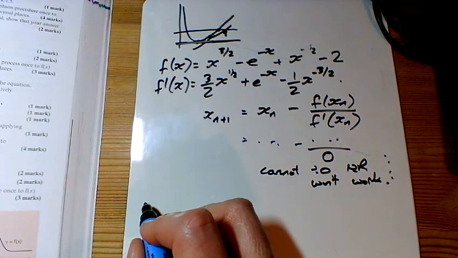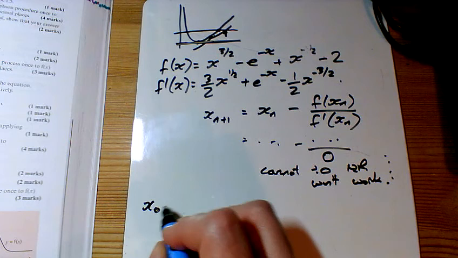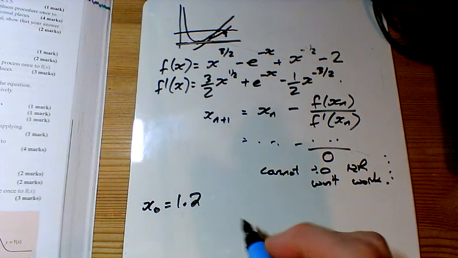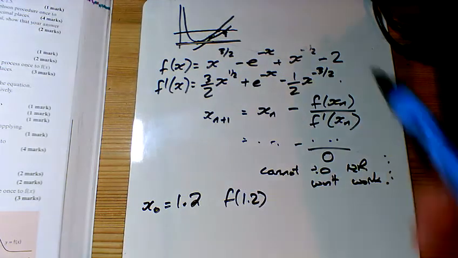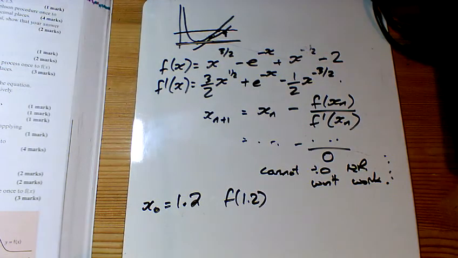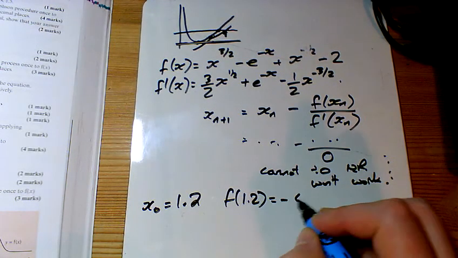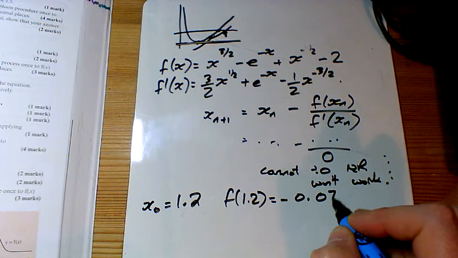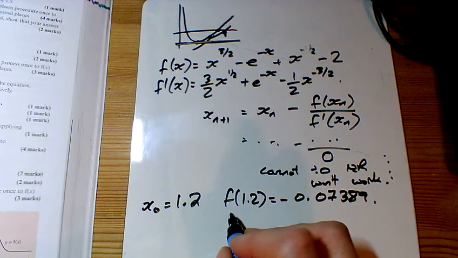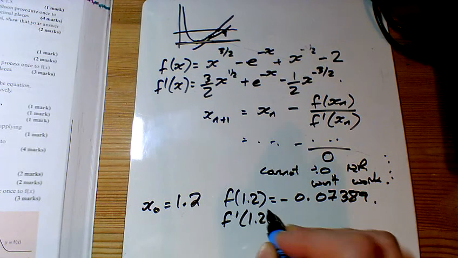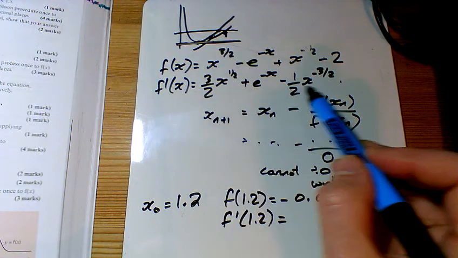But what have we got to do? We've got to start with x0 equals 1.2. So let's find out what f of 1.2 is. Stick 1.2 into all of that. I'm getting minus 0.07389. Sorry, just tapping that in the calculator. And f dashed of 1.2, sticking 1.2 into this one here.